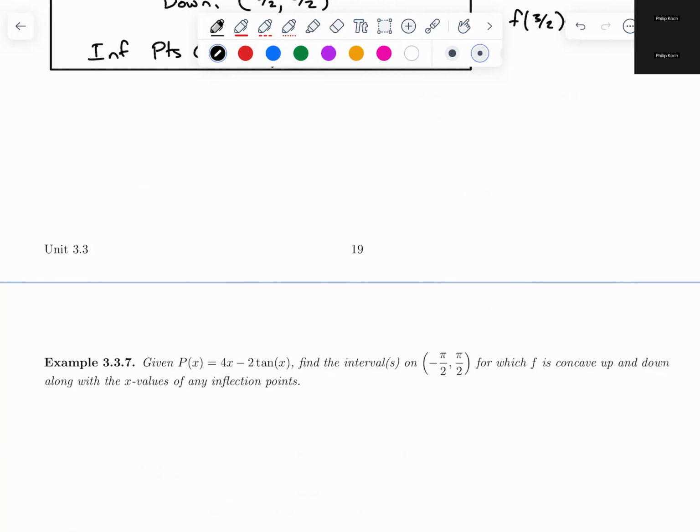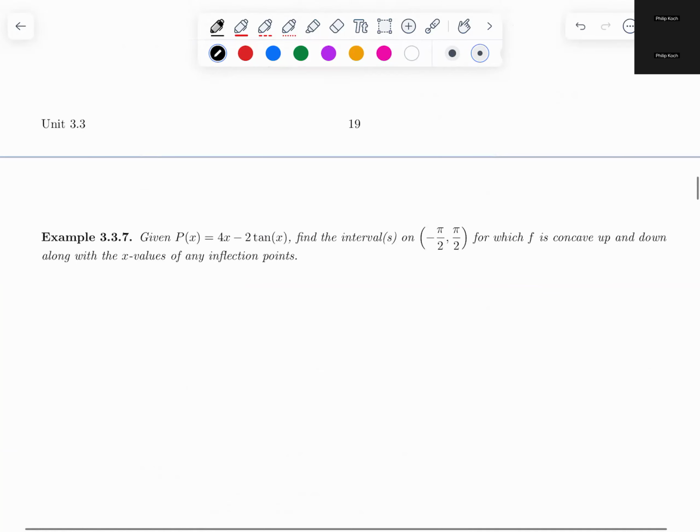This one's just asking for concavity and x values of inflection points. We'll take the first derivative and the second derivative, and then we will come back and finish this problem.